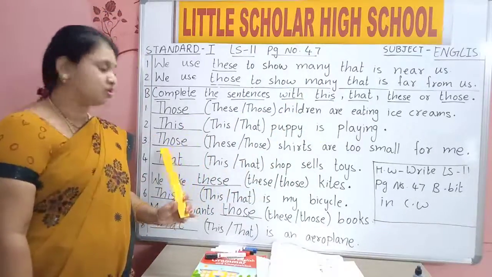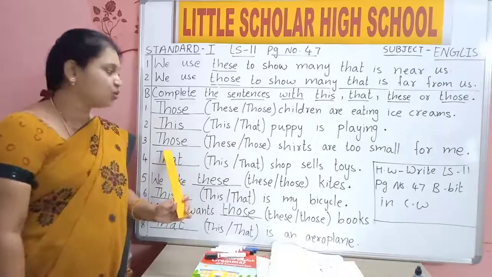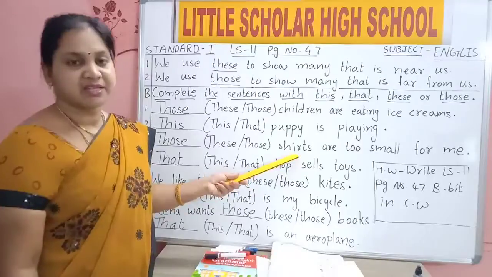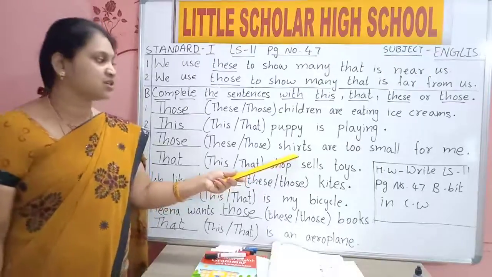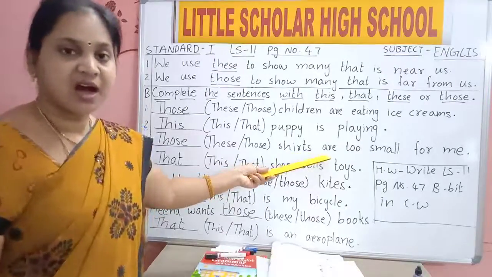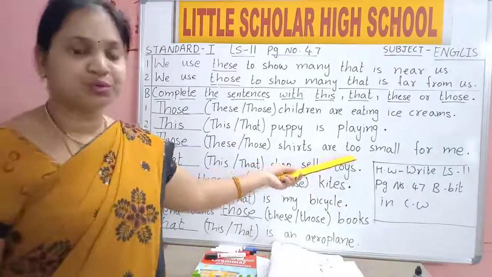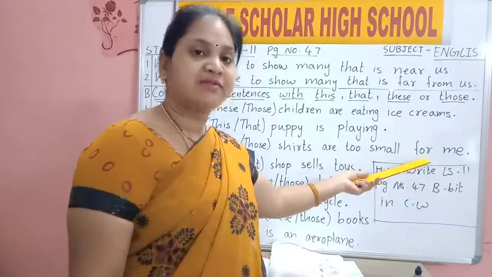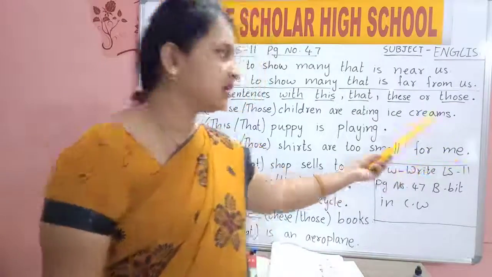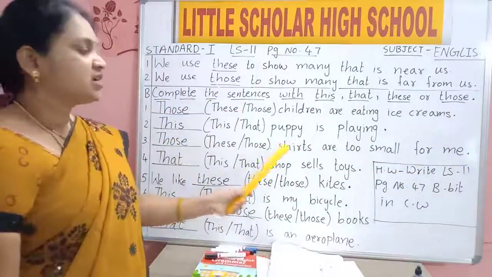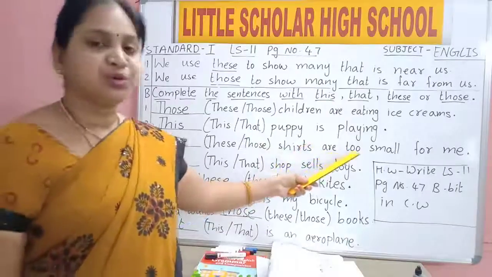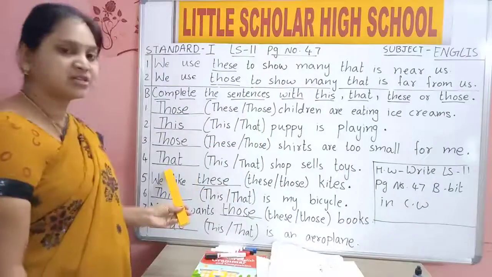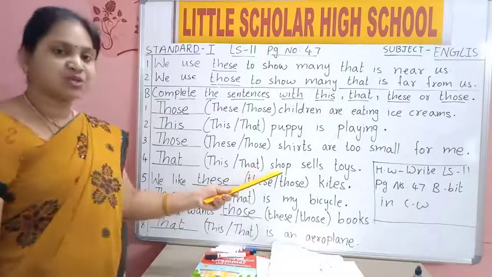T-H-O-S-E, those. S-H-I-R-T-S, shirts. A-R-E, are. T-O-O, too. S-M-A-L-L, small. F-O-R, for. M-E, me. Those shirts are too small for me. T-H-A-T, that. S-H-O-P, shop.